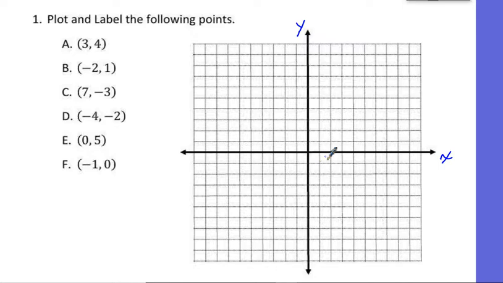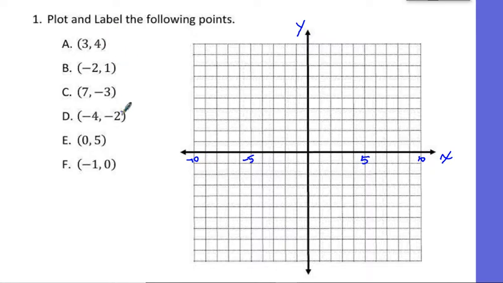And instead of writing 1, 2, 3, 4, you can just say that this is 5 and this is 10 instead of labeling 1, 2, 3, 4, 5, 6, 7, 8, 9, 10. Anybody can look at this graph and see, oh, they're going by ones. And similarly, -5, -10.